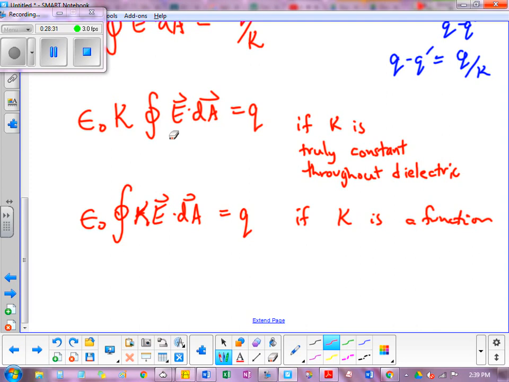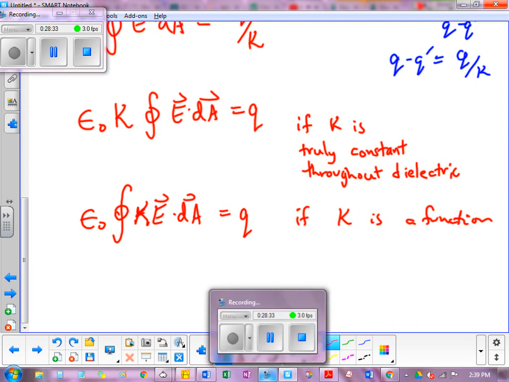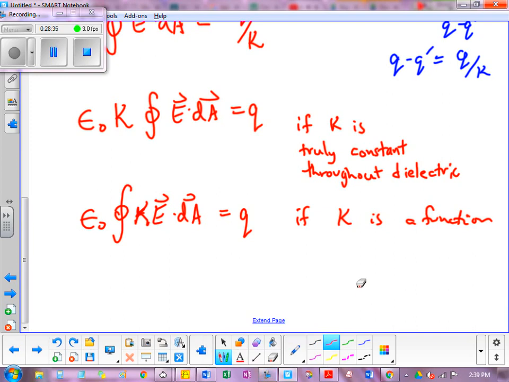For example, you might have a strontium titanate, right? And it's got various densities throughout it. So if that happens, then your kappa depends on where you're at along the plate. Maybe that's the right thing to do, to build your capacitor to have a variable kappa. And if that's the case, you'd want that in the integral because it would affect your integration step.